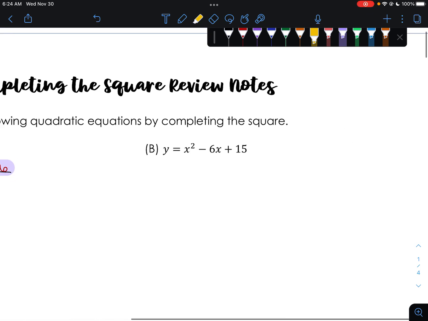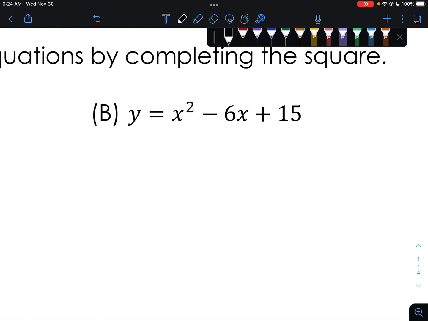Okay, so let's go ahead and go to part B. What we're going to do is first add in our spaces. I add in a space after that negative 6x, and then after this positive 15, I subtract a space. I'm going to take that middle term and cut it in half, which means divide it by 2.